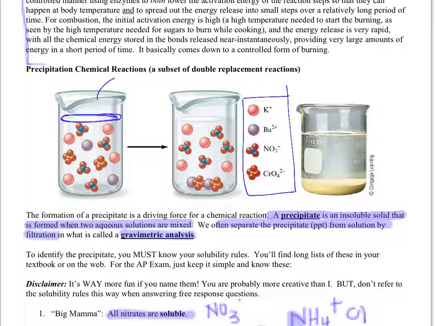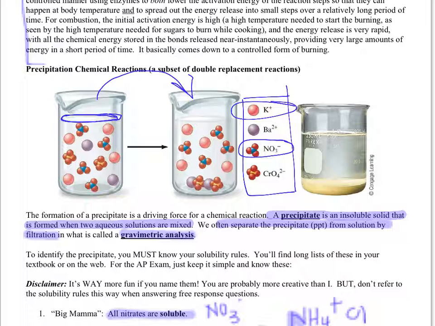Once they're all combined, over on the right-hand side, I still have potassium ions. I still have these nitrate ions because by definition, nitrate ions are soluble. Group 1 metals are soluble. But then I have this chromate down here.